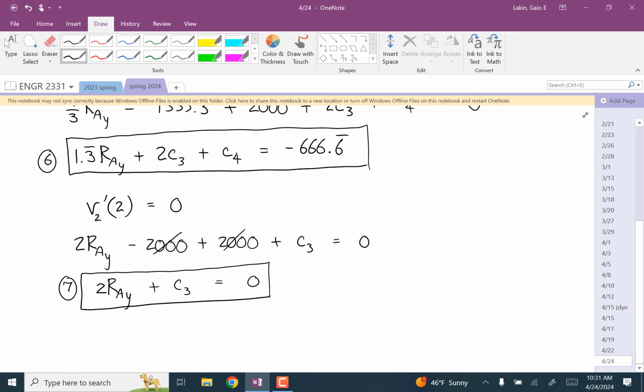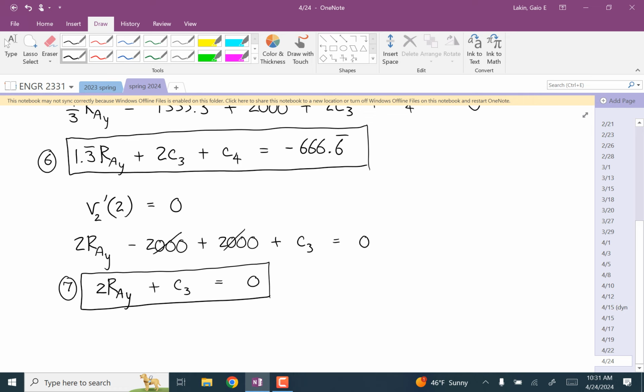Now we have two more equations, and those are going to come at the place where the cut changes, so the functions change. And we have to have matching there. We have to have matching of deflection so that it's continuous, and we have to have matching of the slope so it doesn't have a cusp there or anything.